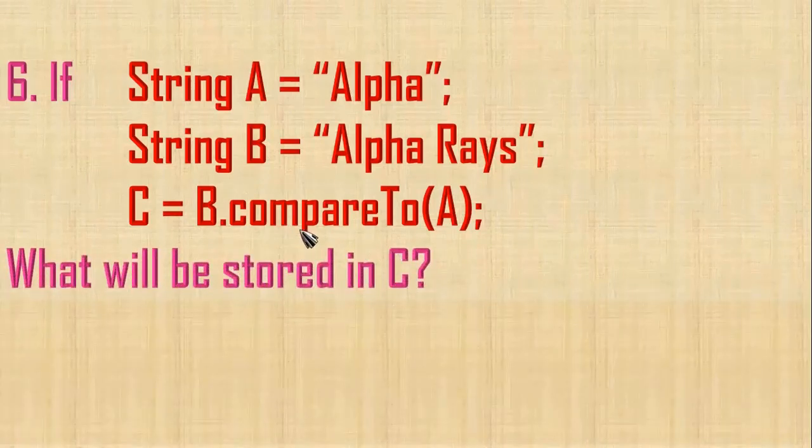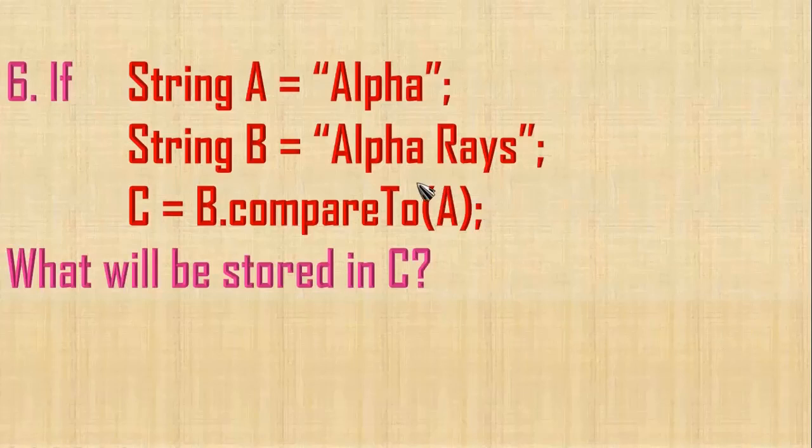Again you can see the compareTo function, but here it is a little bit different from the previous case. All the characters of the first string are available in the next string, and then a few more characters are also there. In this case, it will check the length of the given strings and then give the difference.